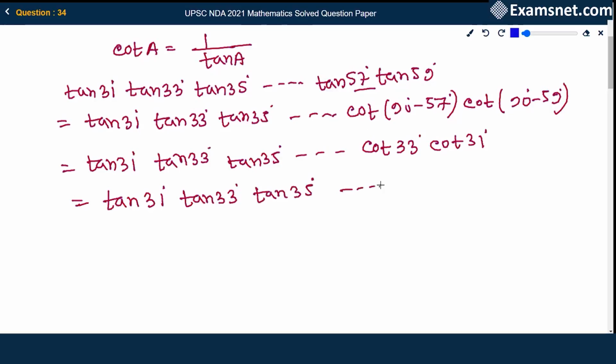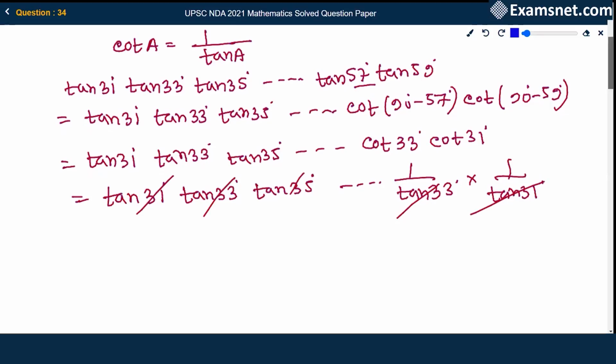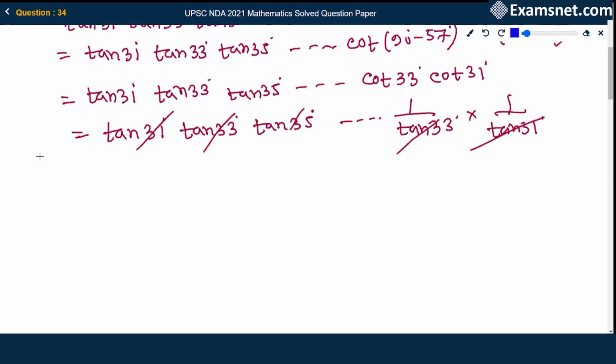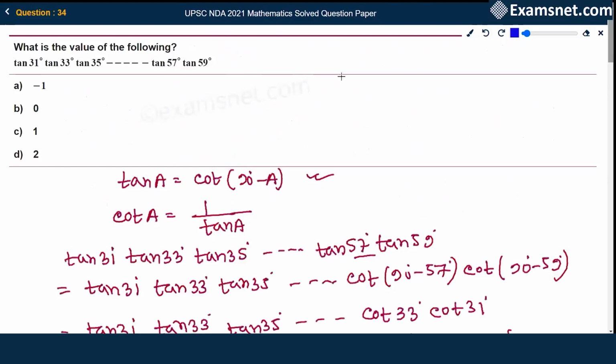So this way, now with the help of the reciprocal relation, we can write it as 1 by tan 33 degree, 1 by tan 31 degree. So look, this will get cancelled and all the values in between will follow the same way, will get cancelled in the same way. So we will be left with only 1. So here option C, that means 1, is the correct answer.